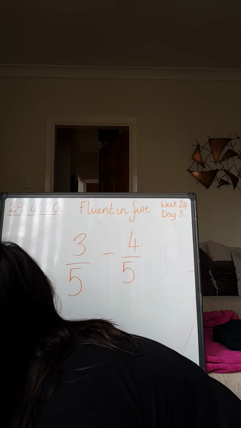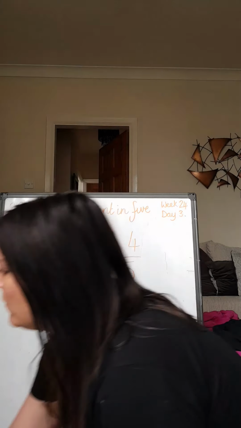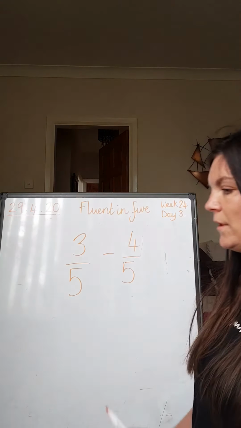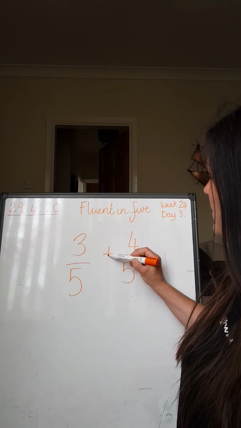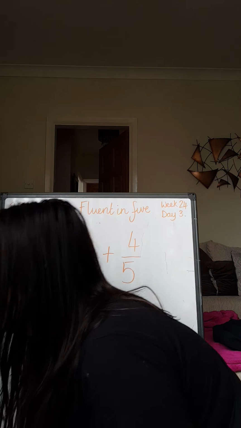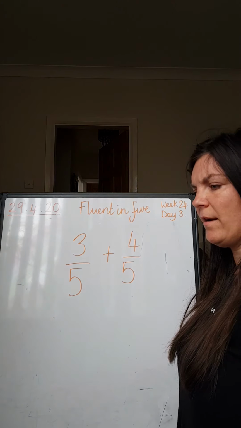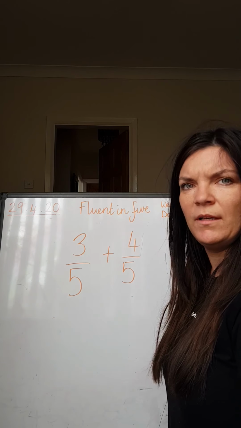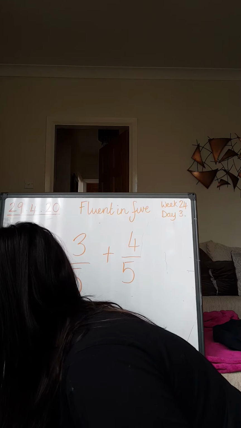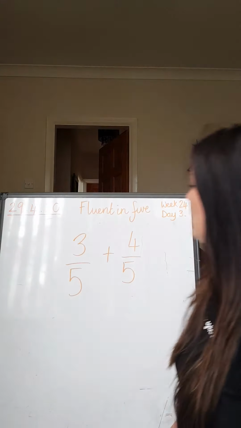Okay, well, I haven't got enough, have I, to take them away? So, aha, they've made a mistake on the sheet. Okay, because if I look into the answers, I don't think that we do negative numbers in fractions. You might do it when you go to study maths after school if you did maths at A level, but I've never done it before. So that's a little mistake on the sheet.